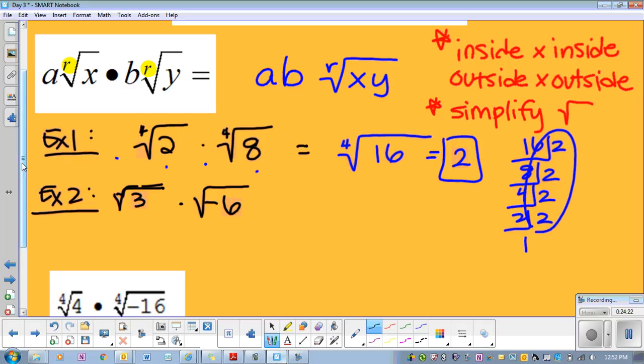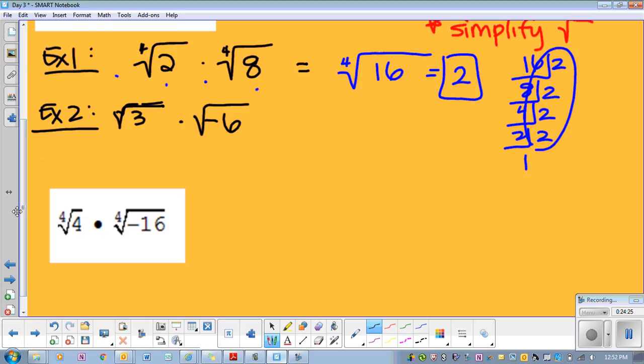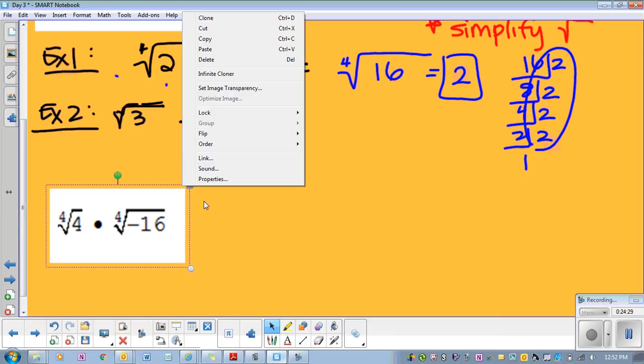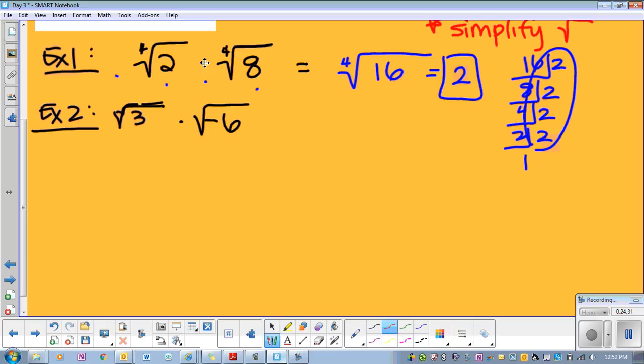All right, let's try this one. Okay, so square root of 3. Well, 3 is a prime number. I can't break that down, right? That is what it is.